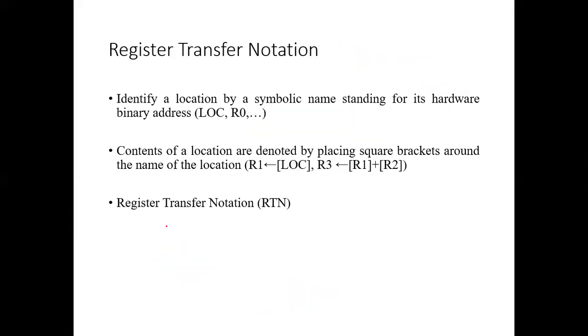Contents of a location are denoted by placing square brackets around the name of the location. So R1 arrow [LOC] means that the content of the memory location specified by LOC will be moved into R1.